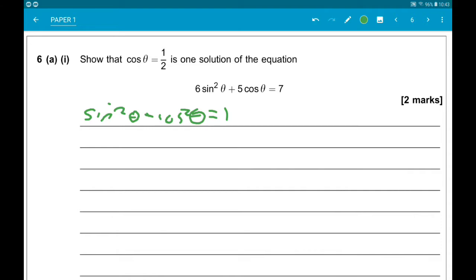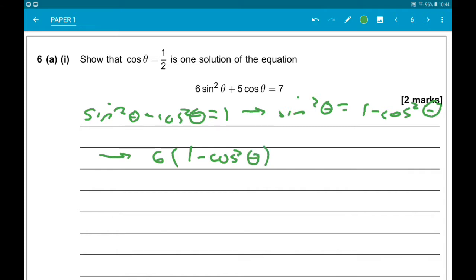So sine squared is 1 minus cos squared. So then we can rewrite the equation as 6 lots of 1 minus cos squared add 5 cos theta.